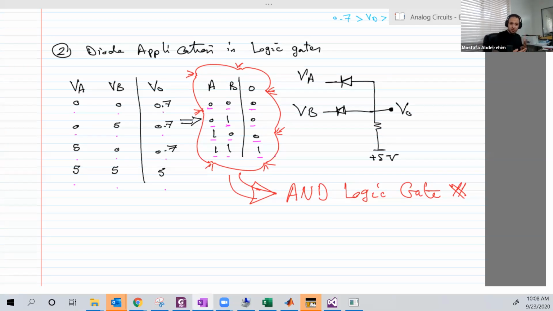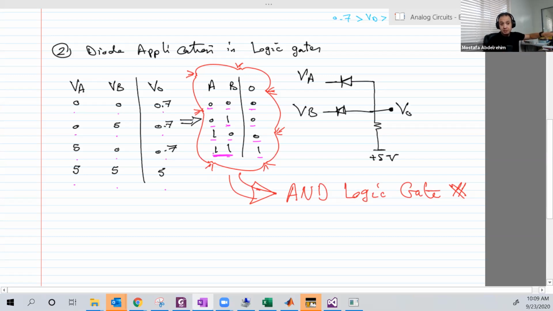And 0.7 can be considered low because I said we usually have two ranges, a range for low voltages and a range for high voltages. So 0.7 can be considered low. So this output can be high only under one condition, when the two input voltages are also high.